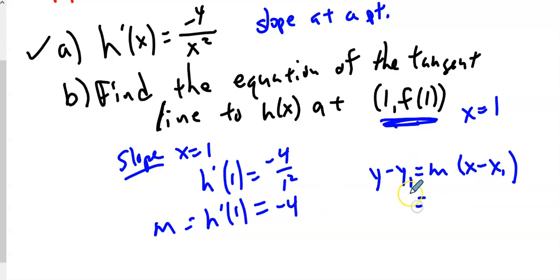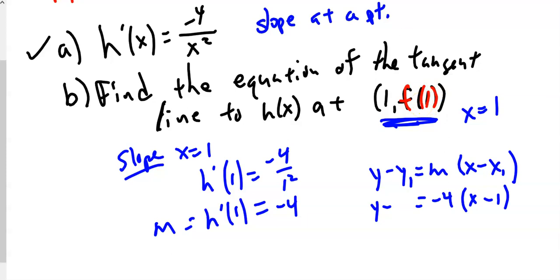Well, we just found slope to be negative 4, so we can plug that in. We also know x is 1. What we're missing, though, is our y value, because it says y value is f of 1. Well, how do I find this f of 1? Well, actually, that should be h of 1.